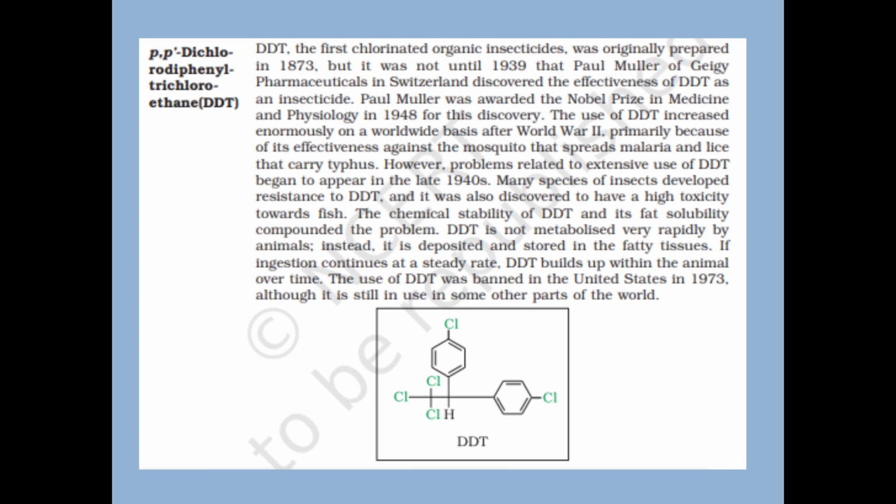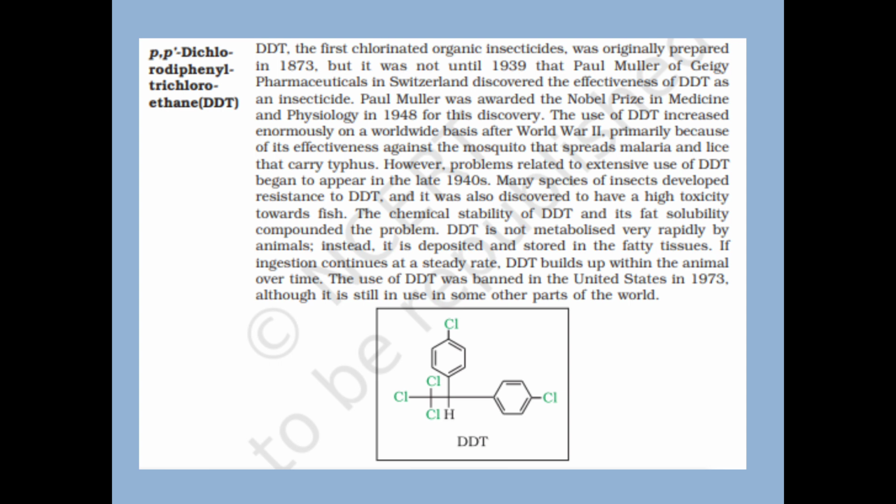Many species of insects developed resistance to DDT, which was also discovered to be highly toxic to fish. The chemical stability of DDT and its fat solubility lead to its being stored in fatty tissue.